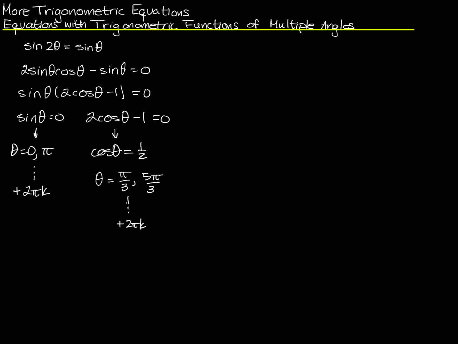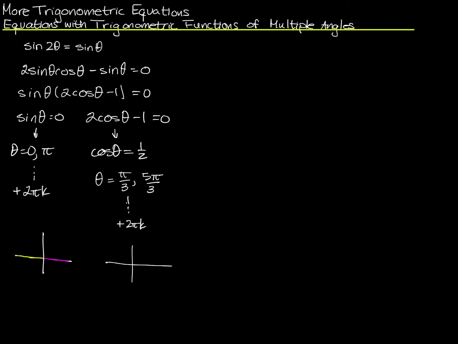Or I'll go back and see, in this case, for example, my angles are at 0 and pi. So I have my first angle is here, my next angle is here, and in between I have pi radians, and then another pi radians to the next one. So this one I can write both solutions as 0 plus pi k, where k is an integer. With this one, I don't think I can do that.